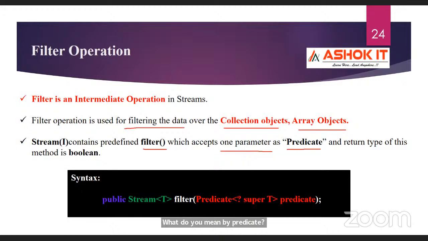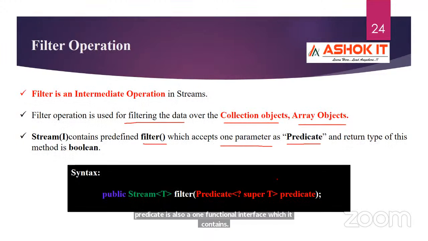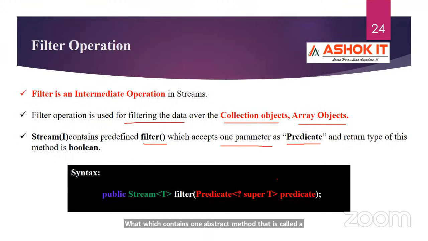Predicate is a functional interface, which contains one abstract method, called the test method, which takes one input and returns a boolean value. Understood, sir?